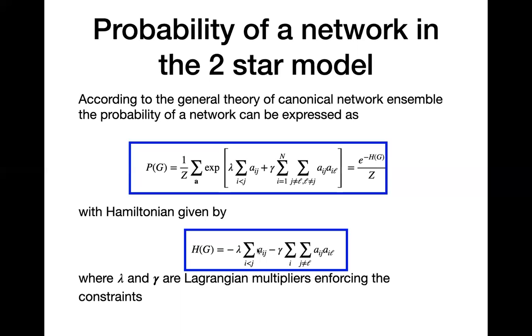You don't have a variable with two indices; you have just a variable with one index. But when you have the product of two variables with two indices, then the treatment of the statistical mechanics model might become more complicated.